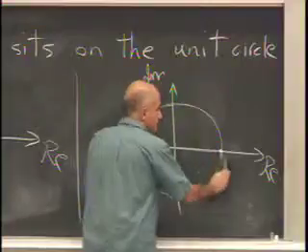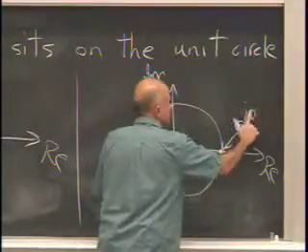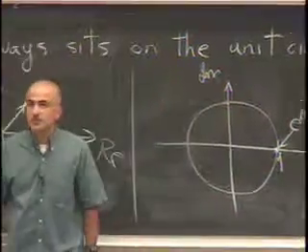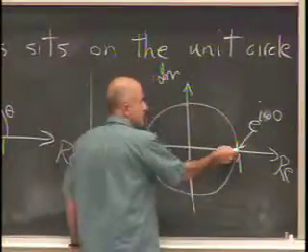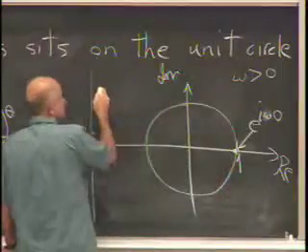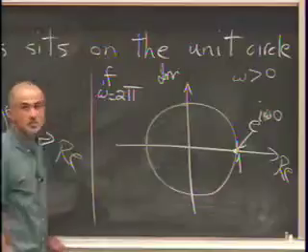When time is 0, where is it? At 1. So this is e to the I omega 0, which is e to the 0, which is 1. And as time goes forward, assume omega is greater than 0. Let's say omega is 2 pi.